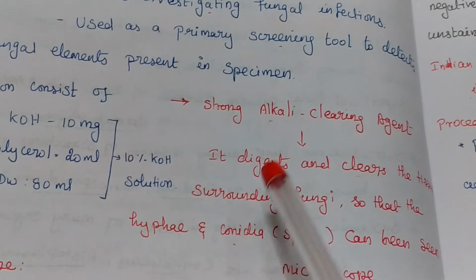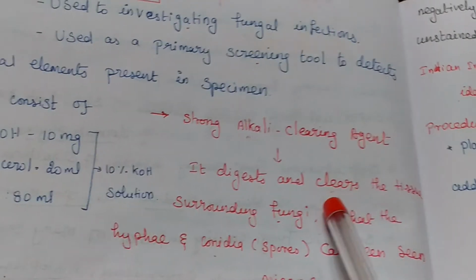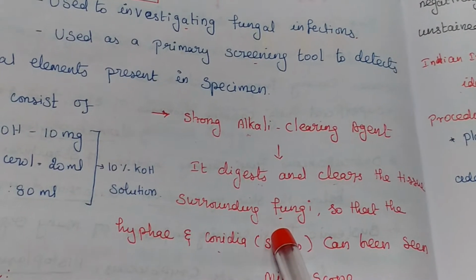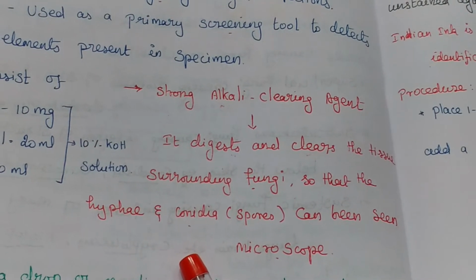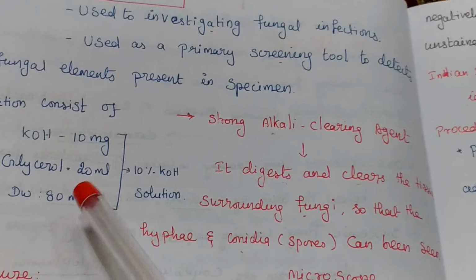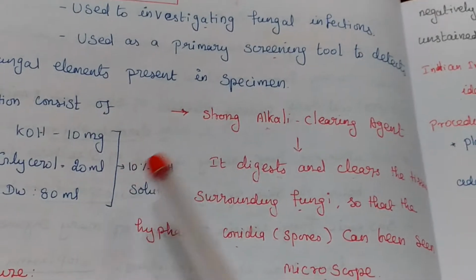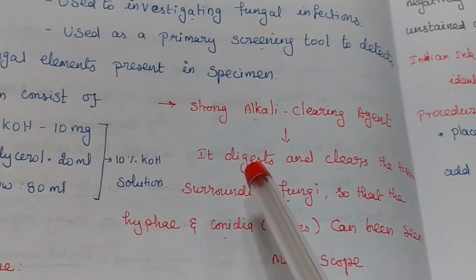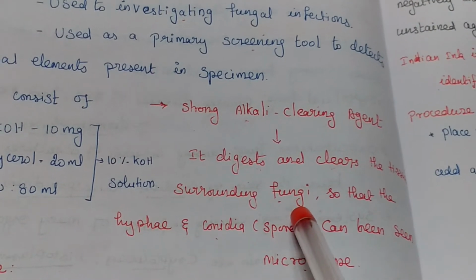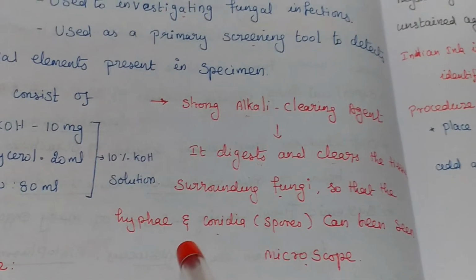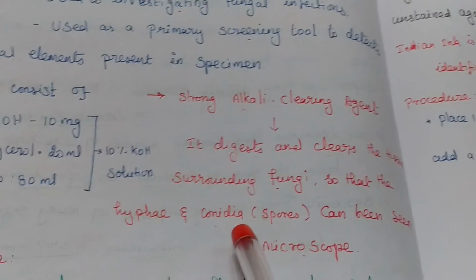This alkali will digest and clear the tissue surrounding fungi, so that hyphae, conidia, and spores can be easily seen under the microscope.